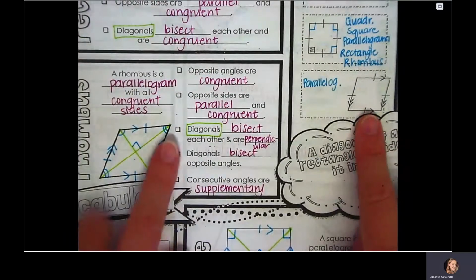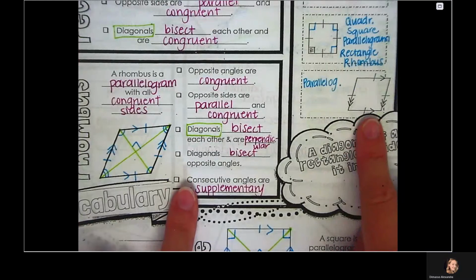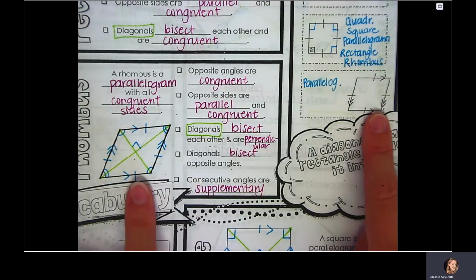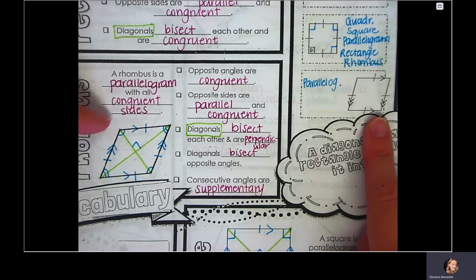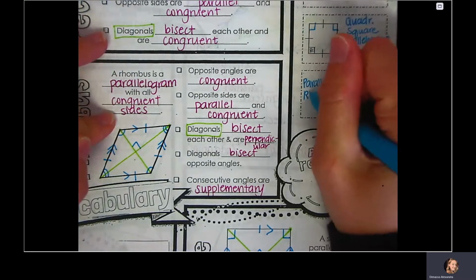Is this a rhombus? Do you have all congruent sides? Yes. Do you have opposite angles that are the same just by looking at them? Yeah. This one's also a rhombus.